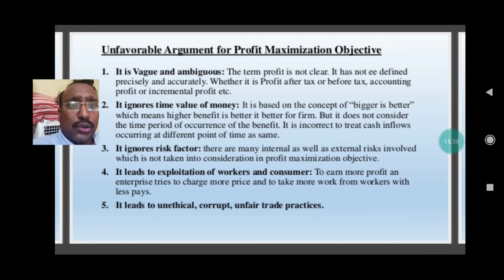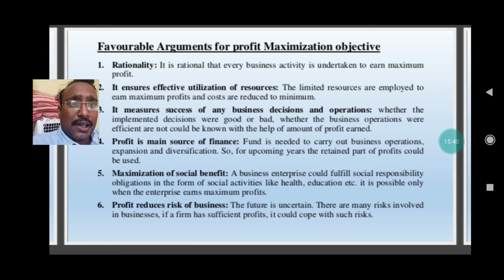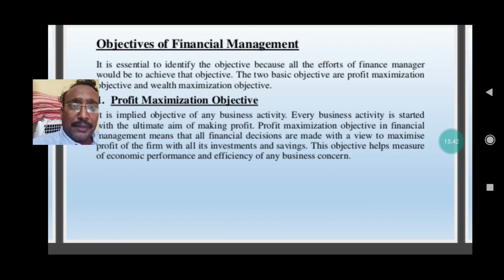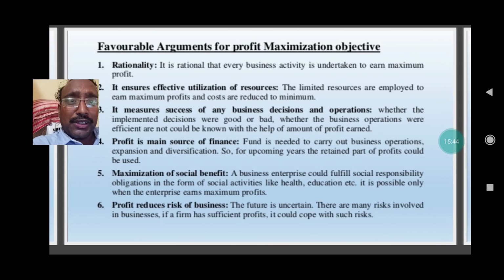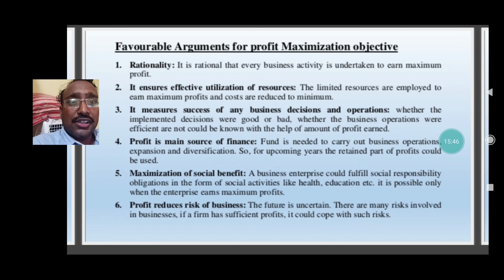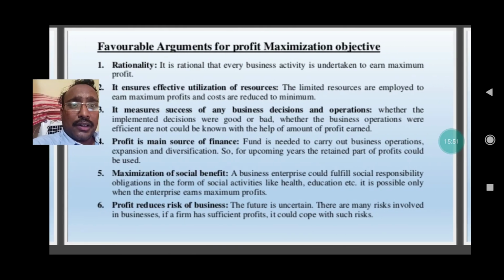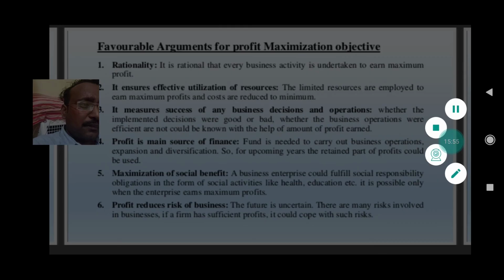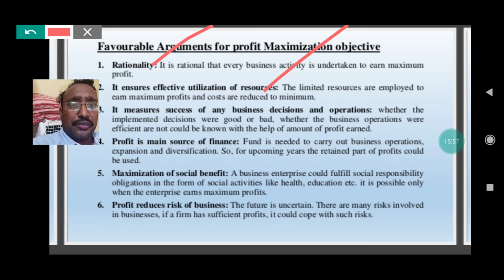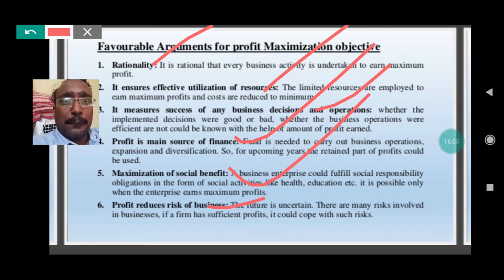Okay, so in today's class we discussed the main intention of profit maximization, what is profit maximization, and what are the advantages and what are the disadvantages of profit maximization. So let us repeat once again within 2 minutes. Profit is rational, it is an effective utilization of resources, proper business decision, main source of finance, considers the social benefit, reduces the business risk.